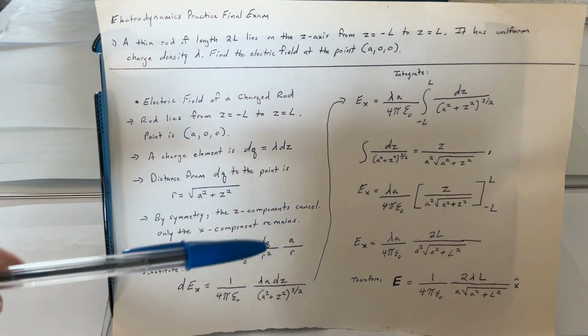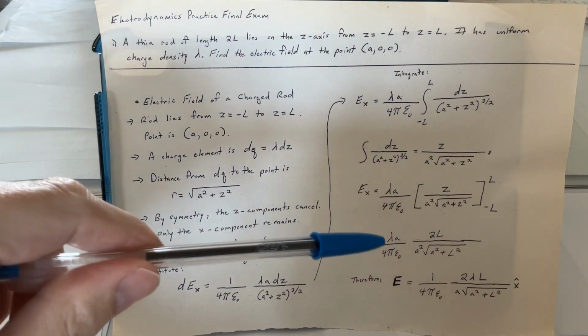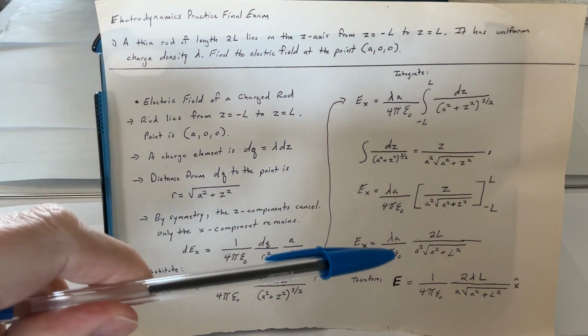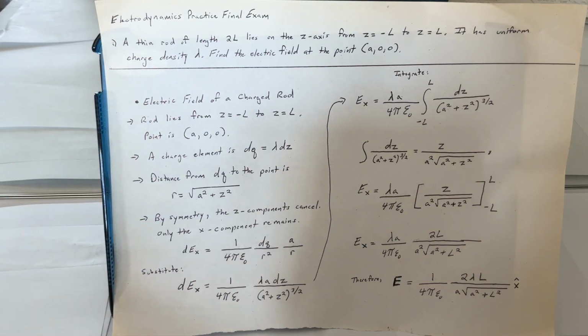So when we do that, we get E sub x equals lambda a over 4 pi epsilon naught times 2L over a squared times the square root of a squared plus L squared.